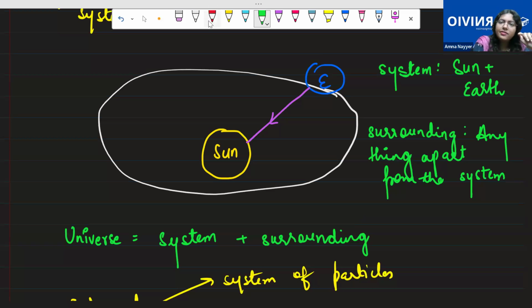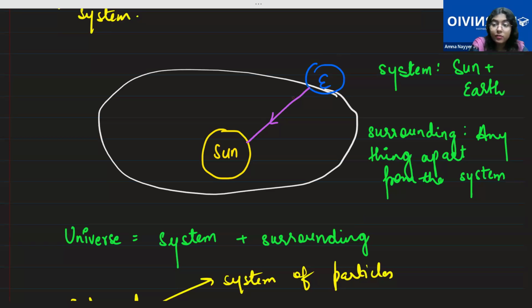Now, if I have any force present within my system, let's say the sun and earth, in between them the gravitational force will exist, so that will act as the internal force. This is just an example; you can have any other example. These are the forces within our system.